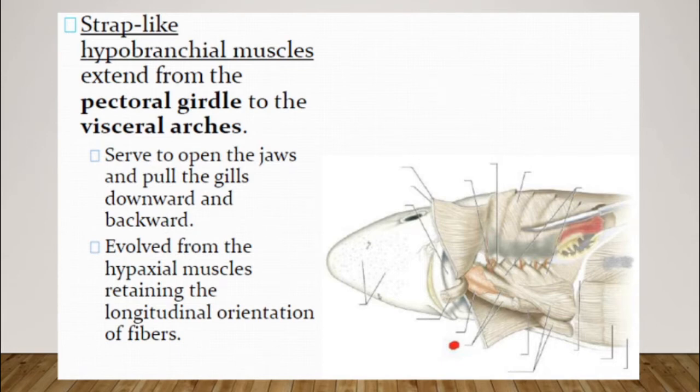Strap-like hypobranchial muscles extend from the pectoral girdle to the visceral arches and serve to open the jaws and pull the gills downward and backward. They evolved from hypaxial muscles, retaining the longitudinal orientation of fibers. These are the muscles that open the visceral arches.